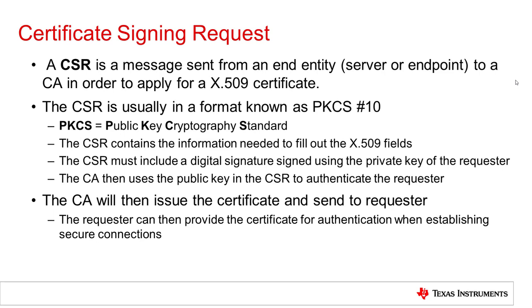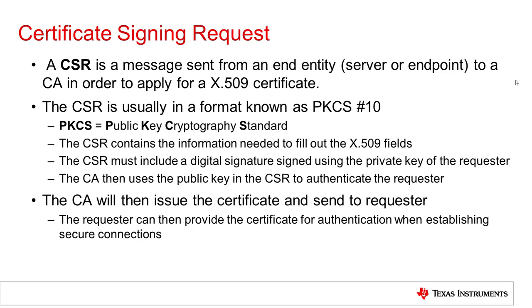All the information you need to fill out the certificate, such as entity names, who issued it, and signing algorithms, is included in the actual CSR itself. Also, a digital signature is included in the CSR, signed using the private key of the requesting IoT device.